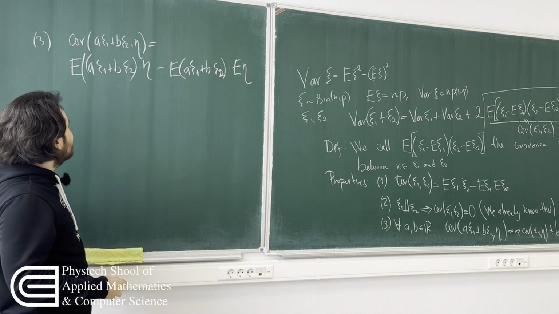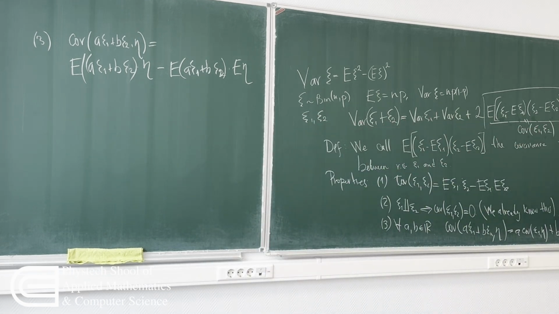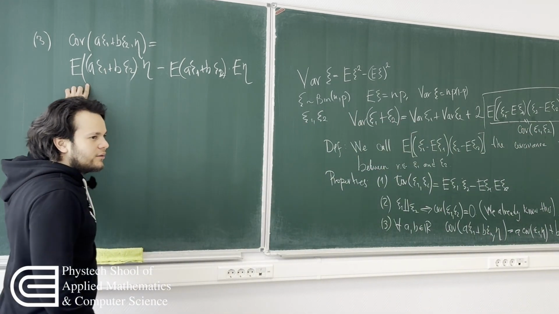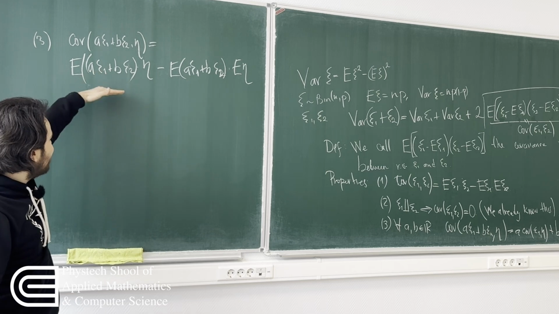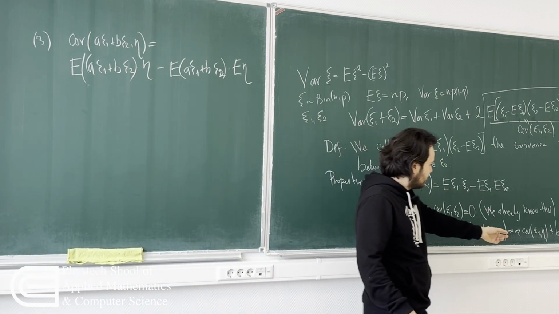All that I'm doing is that here I had that the covariance of xi and eta is equal to this. I'm replacing this formula whenever xi is equal to xi1 plus b xi2 and eta is just eta. I keep eta. So that's all that I'm doing. So this is equal to this.